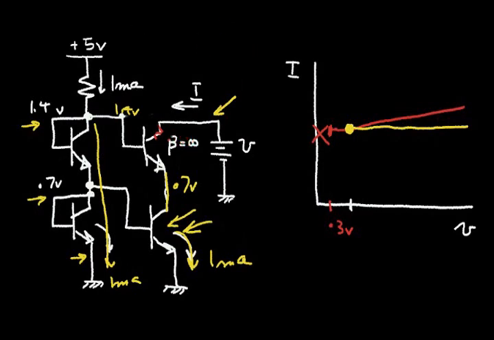So again, I have this junction diode here that I do not want to forward bias. If my base voltage is sitting at 1.4, I could go down to perhaps around 1.0 volts or so here.